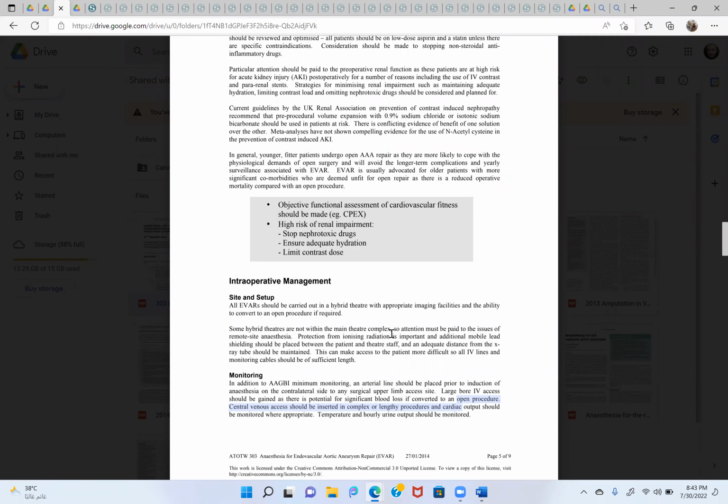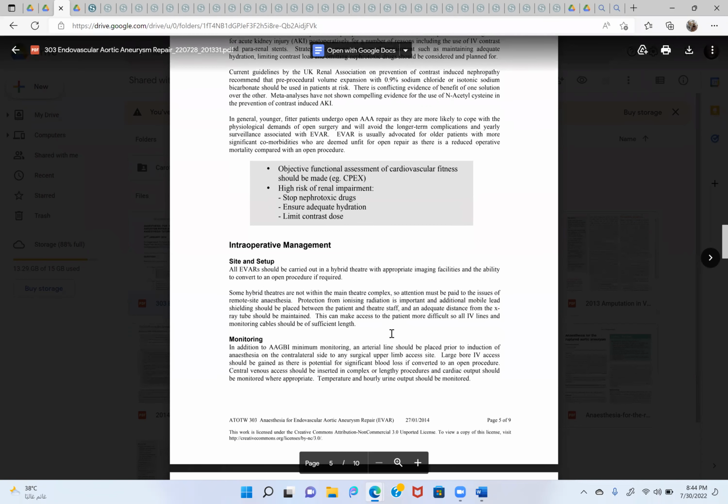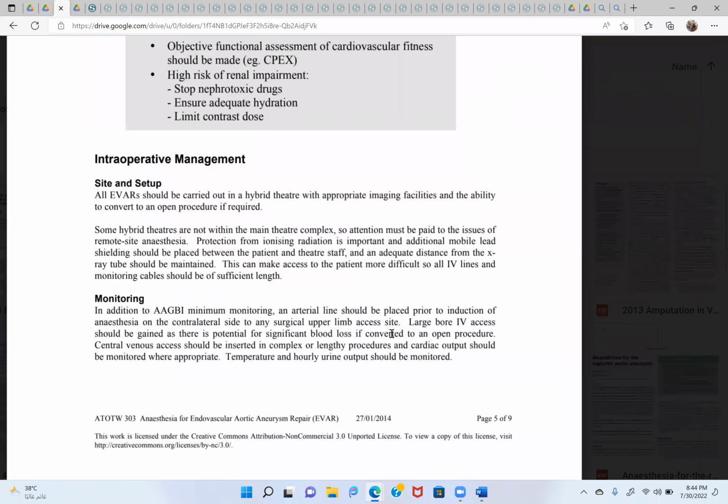Your concern is to protect the kidneys. Your concern is to maintain the hemodynamics during the clamping and after opening of the clamp, after unclamping. So this is actually your concern. As I told you, there will be an unfamiliar environment, radiation, cold environment.